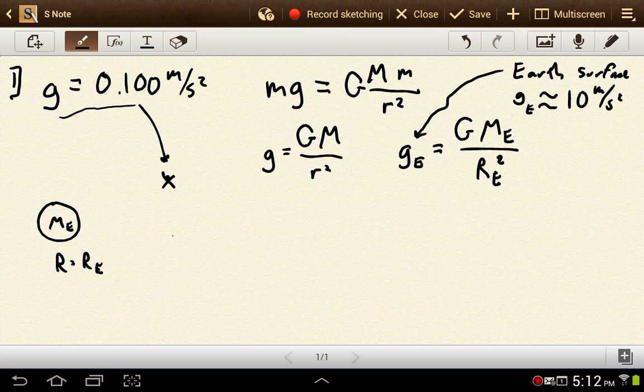So g at our hyperspace point, I'll call that g sub h, over the surface gravity of Earth, g sub E, is equal to 1 over 100.